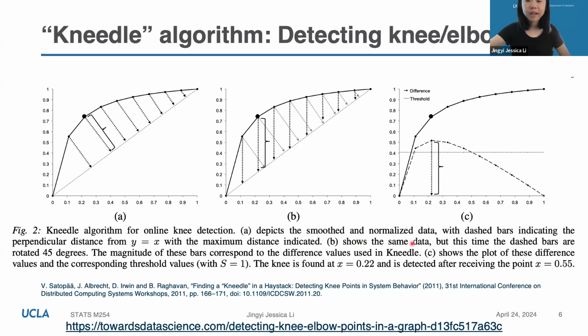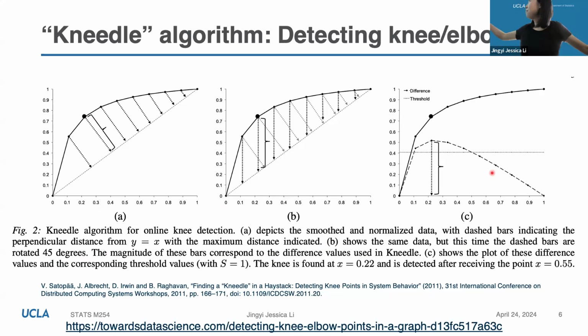B shows the same data, but this time the dash bars are rotated 45 degrees. The magnitude of these bars corresponds to the difference values used in needle. Basically, once you rotate them, you record this bar, and you use this to make this final curve.